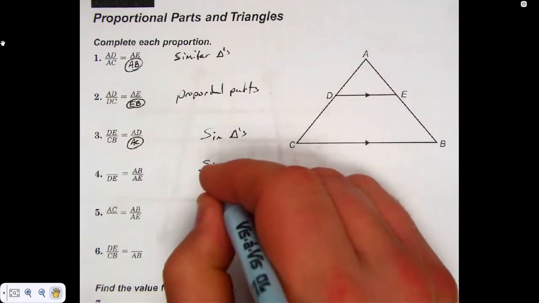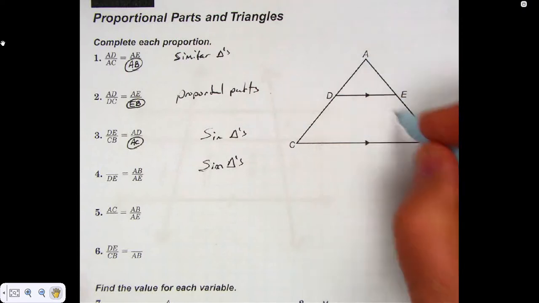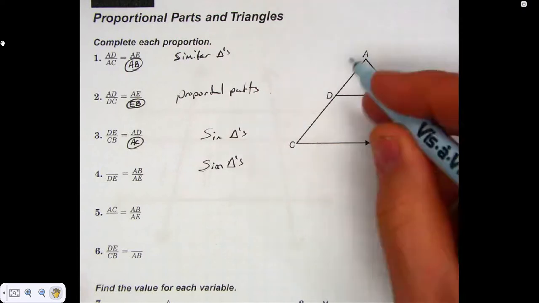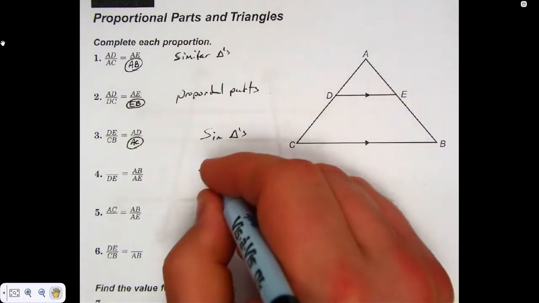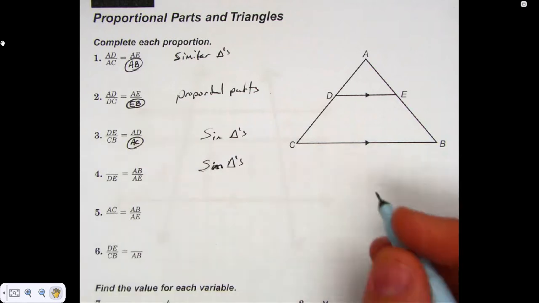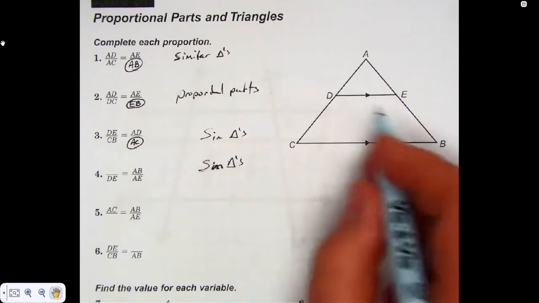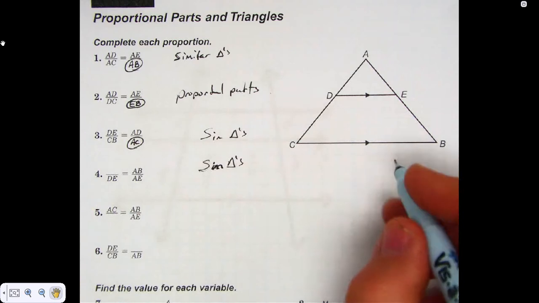Similar triangles. Because I'm talking about this whole thing right here, aren't I? When I say A to B. All right. Hey, at least you said something. The rest of these guys are all scared. Okay, D to E. What compares to D to E? What corresponds to it? C to B.